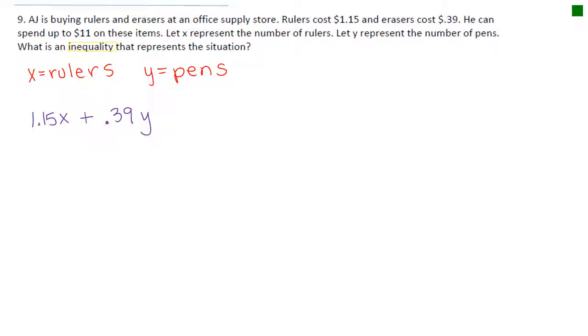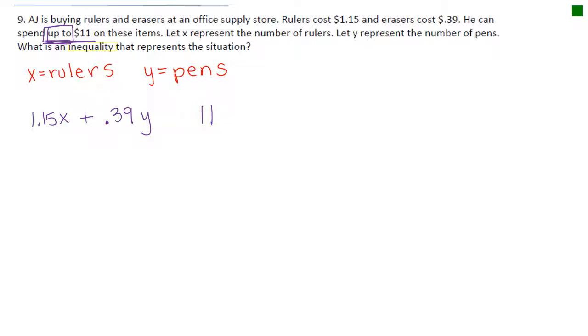He can spend up to $11. So we know that on the other side of the inequality is going to be 11. But now what we need to figure out is what inequality we can use. And that's the key word here, up to. This is saying that it can't be more than. He can't go over $11.